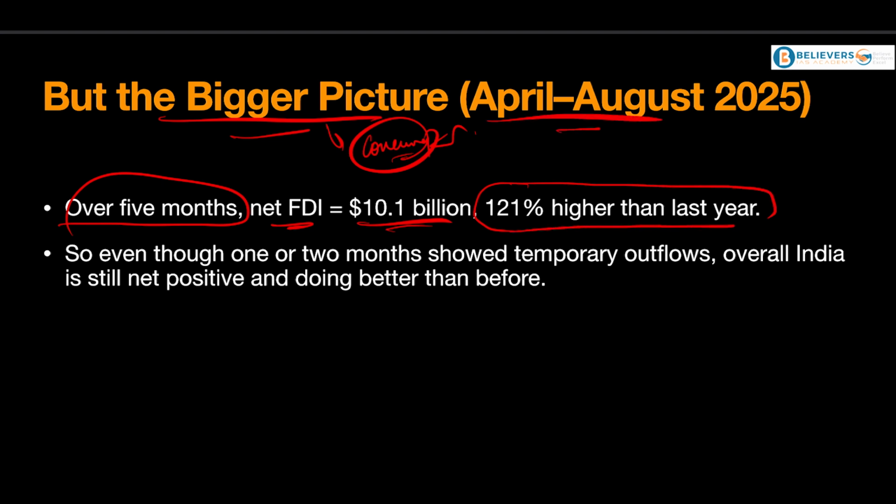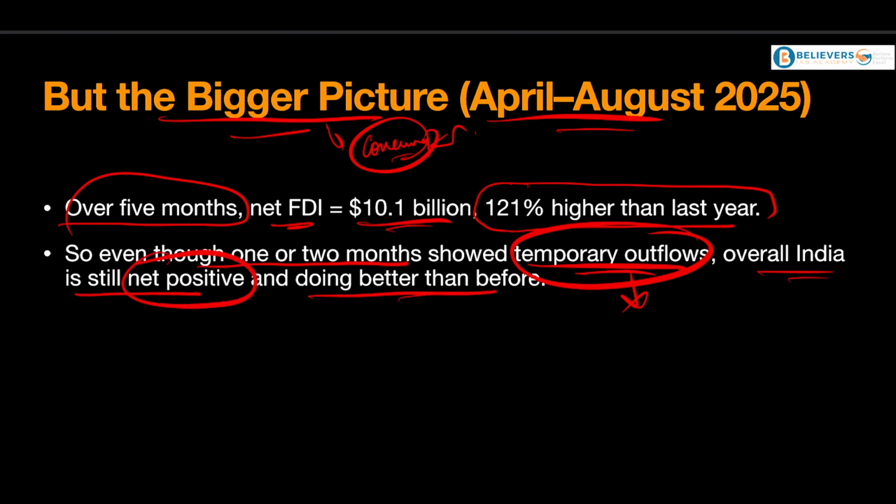So even though 1 or 2 months have shown this temporary reduction, or major outflows, overall the net FDI is still positive and doing better than before. You absolutely don't have to worry about these minor shocks, because there is a time every year when the net FDI increases, and sometimes it decreases.